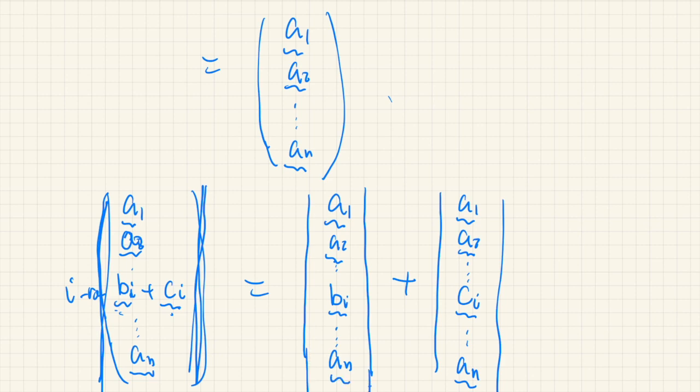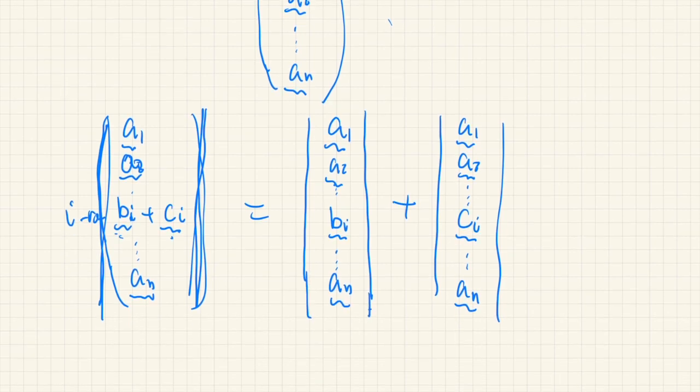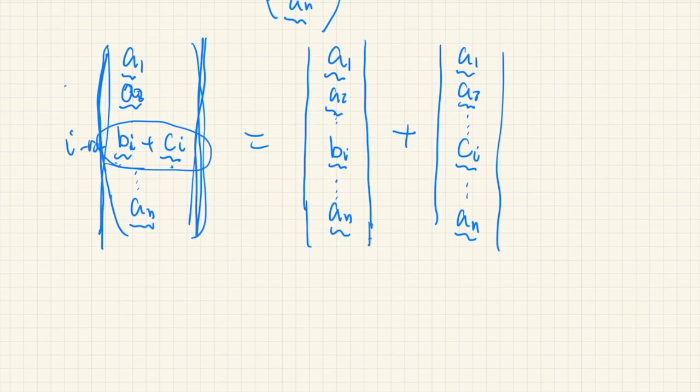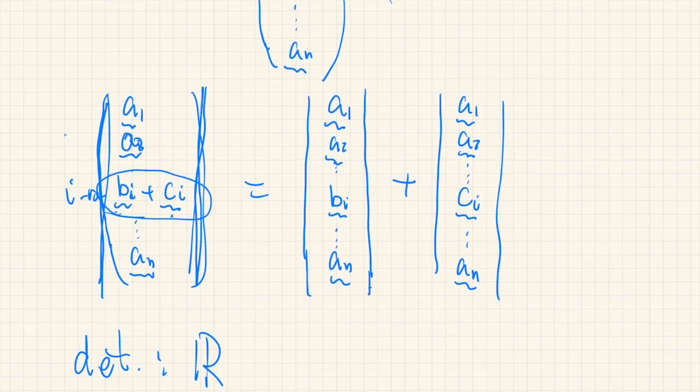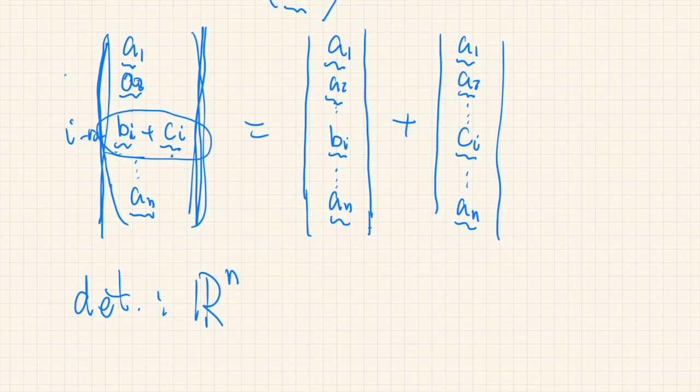Here we consider the determinant as a function of a vector in the ith row. Let's call this function det. Det is a function from n-dimensional vector space to one-dimensional vector space.